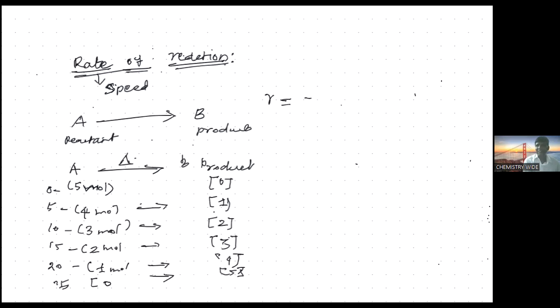So we give a minus symbol: minus del A by del T, the time change, equals the product. The product will always be positive because its concentration always increases. Okay, del T.